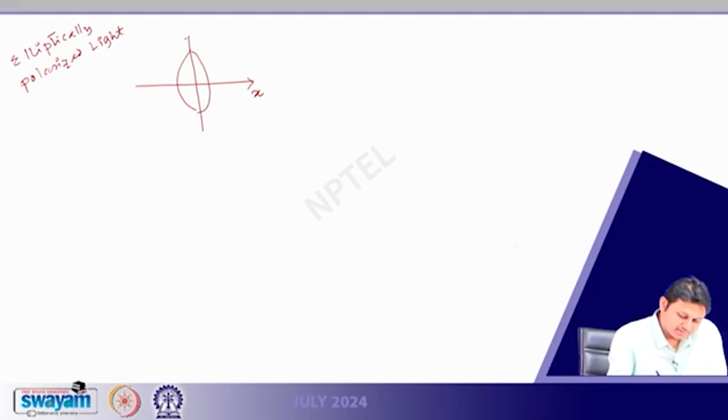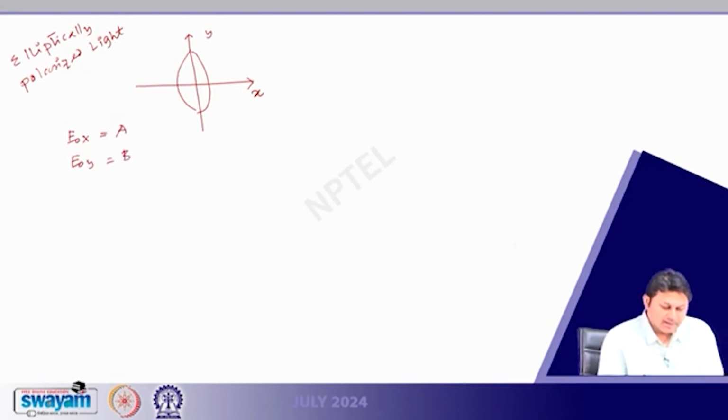So, this is x, this is y. So, E0x is A and E0y is B, and A here is less than B.